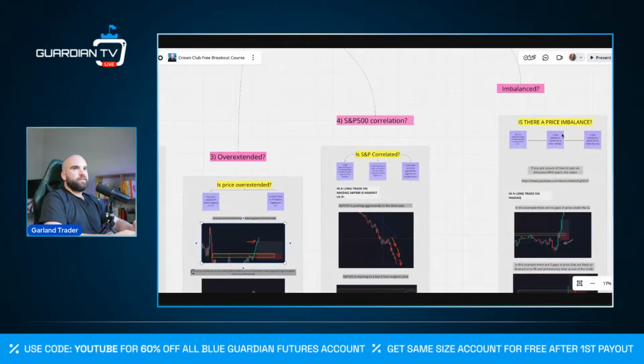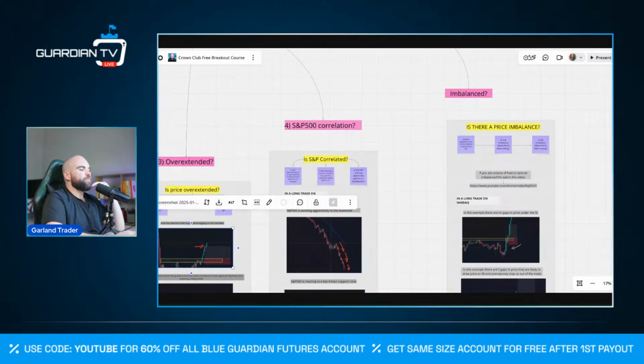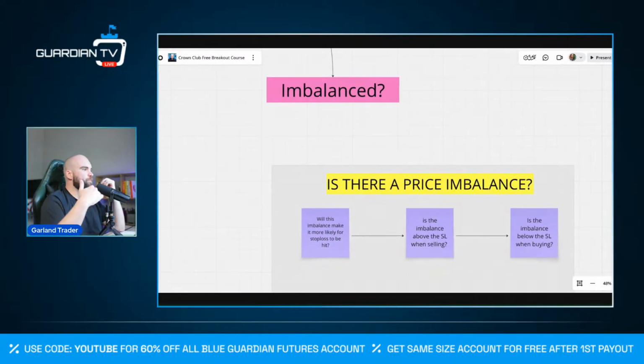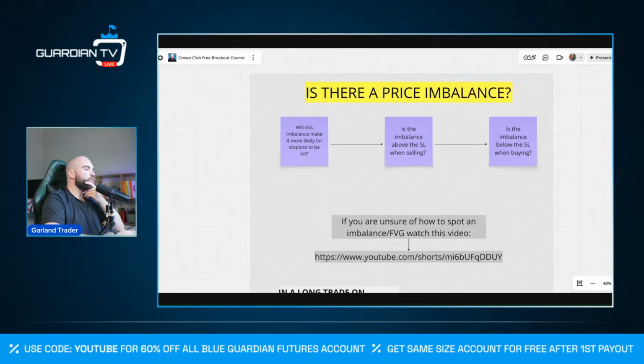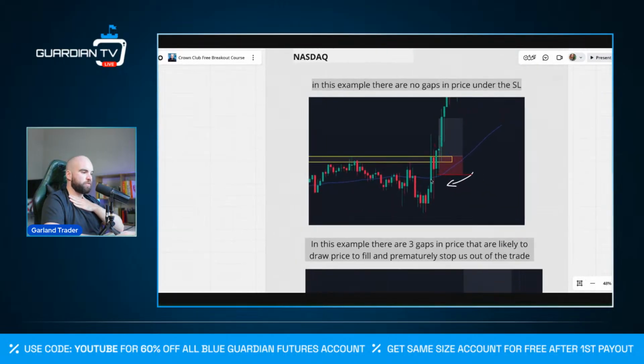Then the last confluence that I look at is, is there an imbalance? And this is generally below or above stop loss. So if you're taking a buy trade, you do not want there to be a gap below your stop loss. So in this example, you can see there are no gaps in price under the stop loss.